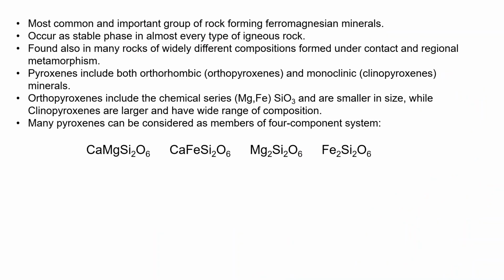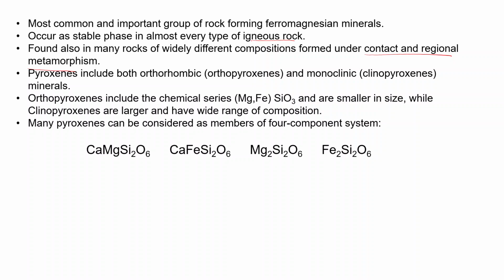All right. As I had said in the beginning, it is the most common and important group of rock forming ferromagnesian minerals and occurs as a stable phase in almost every type of igneous rock as well as the metamorphic rocks formed under contact and regional metamorphism. Now, pyroxene is an interesting group. It includes both orthorhombic as well as monoclinic pyroxenes.